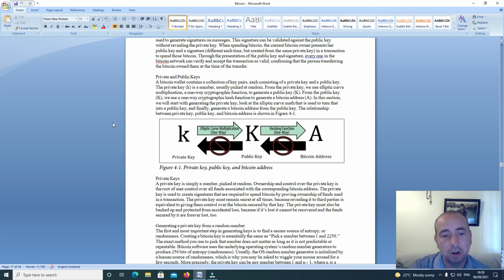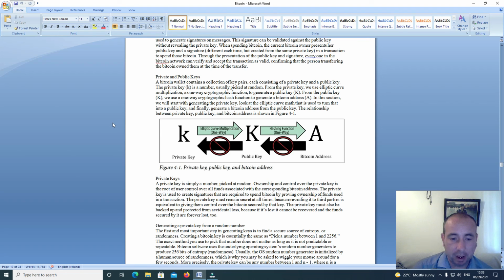In this section, we will start with generating the private key, look at the elliptic curve math that is used to turn that into a public key, and finally generate a Bitcoin address from the public key. The relationship between private key, public key, and Bitcoin address is shown in figure 4.1.